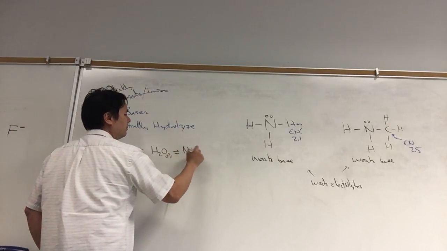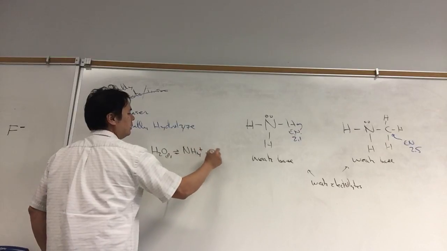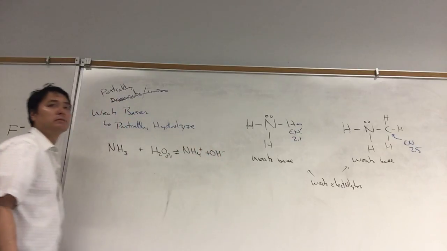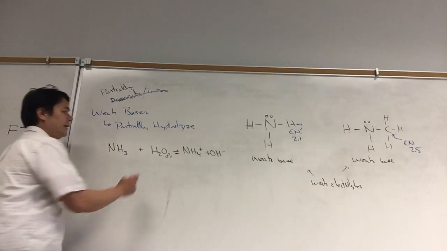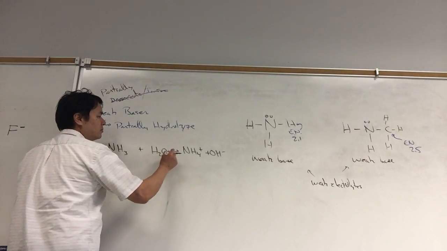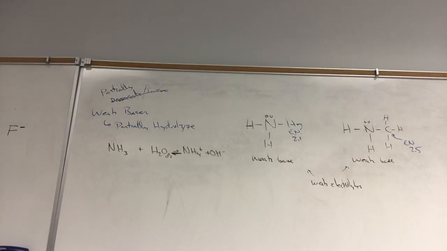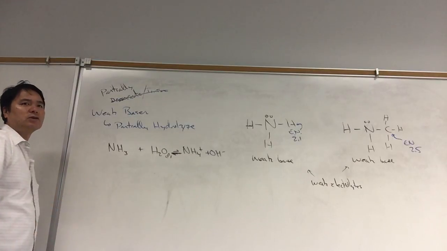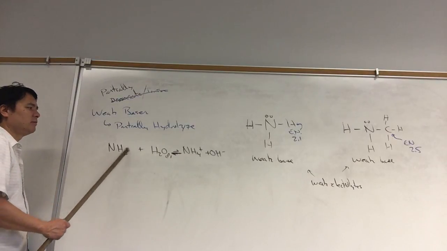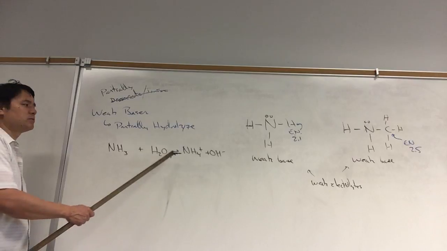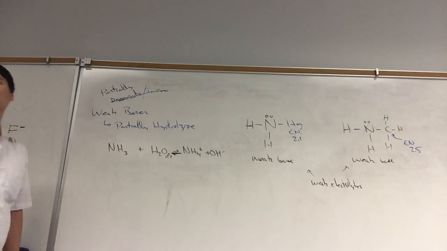We're going to form ammonium and hydroxide. Since they're weak, the reverse reaction is more favored in this instance. I already said ammonium hydroxide is not so stable, but nonetheless, we can have collisions and create some ammonium and hydroxide. The major species are going to be ammonia and water. The minor species would be ammonium and hydroxide.